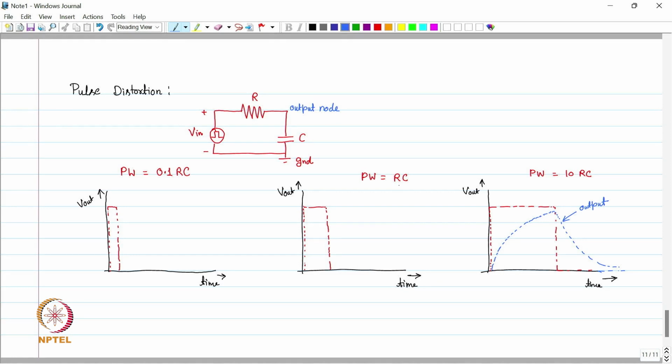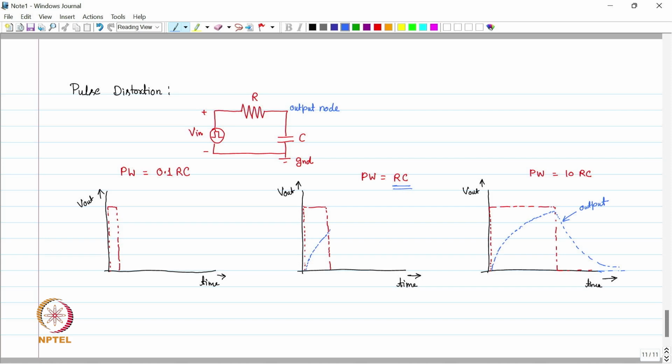In the case of pulse width equal to 1 RC, the frequency is moderate. It's not very low, but not very high as well. Now we see the charging of the output node, the characteristic remains the same.